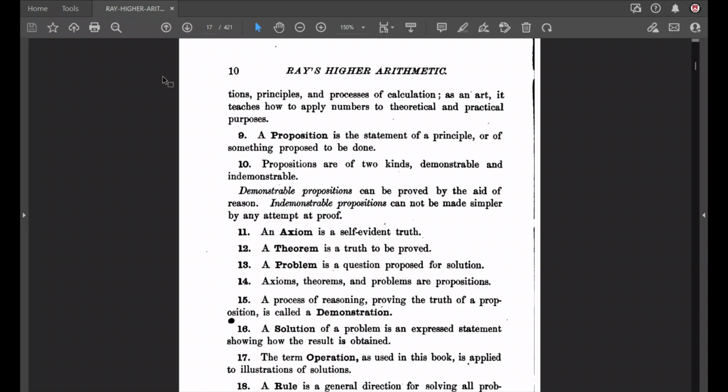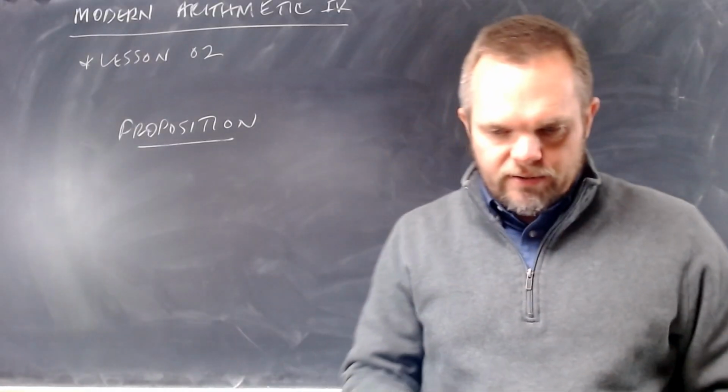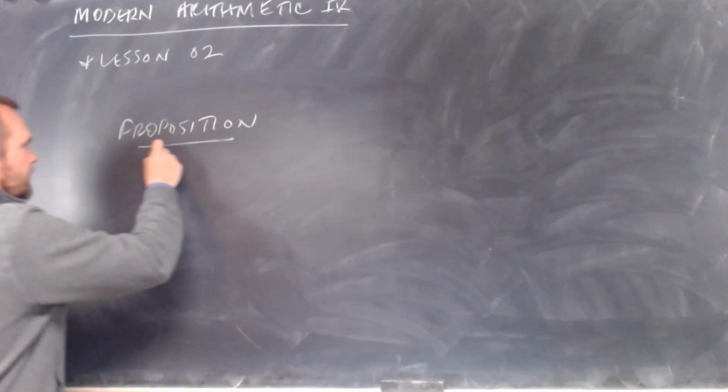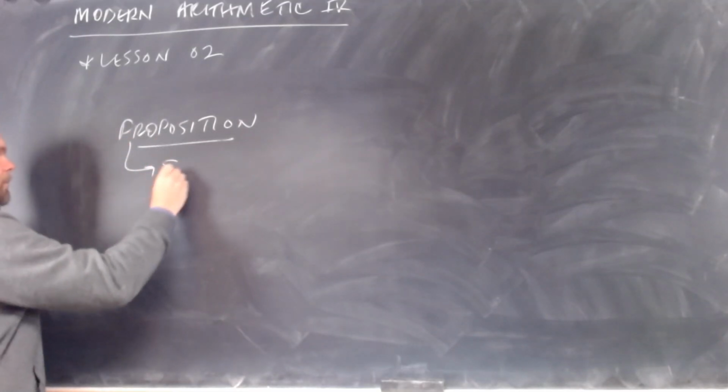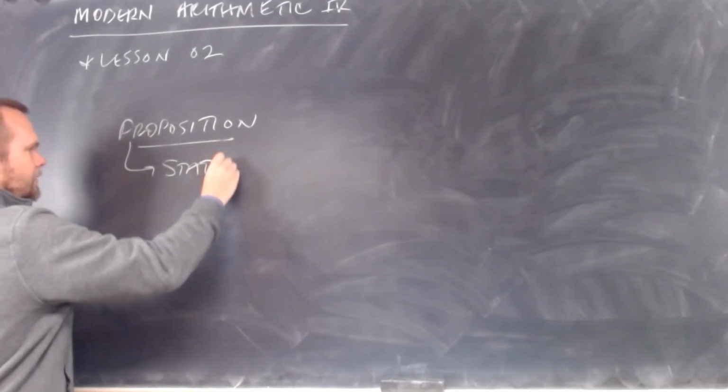Theoretical and practical purposes. What we see in this definition of proposition is that there are two different things going on. A proposition is a statement of a principle or of something proposed to be done. What is a proposition? A proposition is a statement.